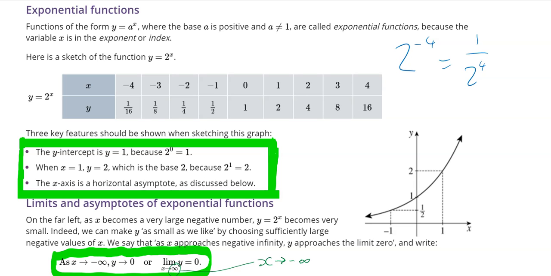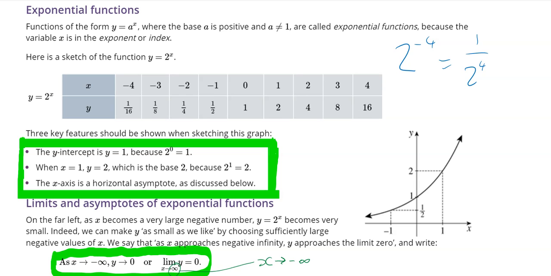Because for any negative number you can give one that's less than it. So as you tend towards negative infinity, y tends towards 0, because it tends towards 1 divided by a very large number, which ends up being very, very close to 0.